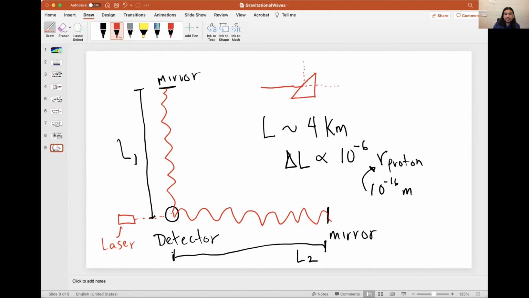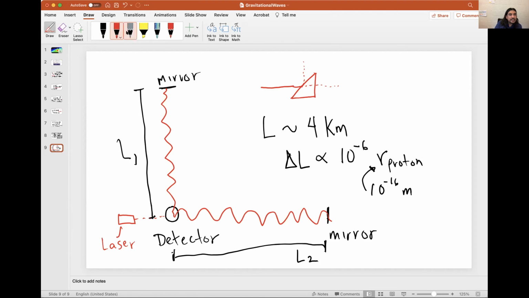And then you have a detector right there that can see whether the two lights interfere with each other or not. And at that point, the detector is able to tell how much light intensity you have. The mirrors are placed about 4 kilometers away from where the detector is.